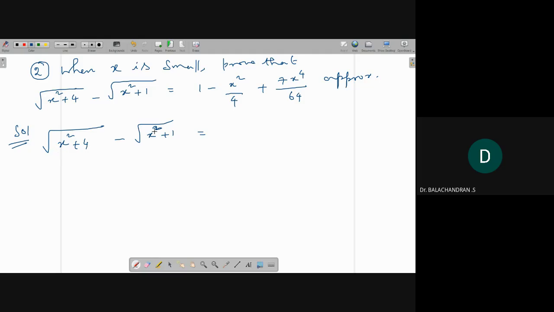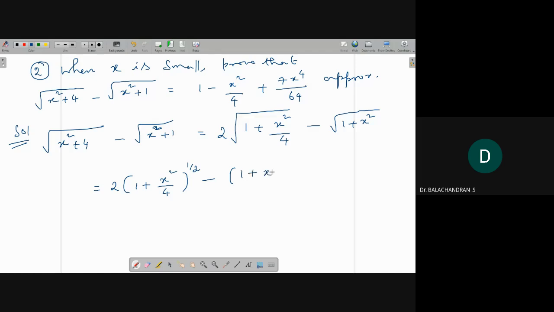So if I take 4 commonly, after the root we have 2, root of 1 plus x square by 4. Similarly here, we already have 1, so root of 1 plus x square. So this is equal to 2 into 1 plus x square by 4 whole power half minus 1 plus x square whole power half.